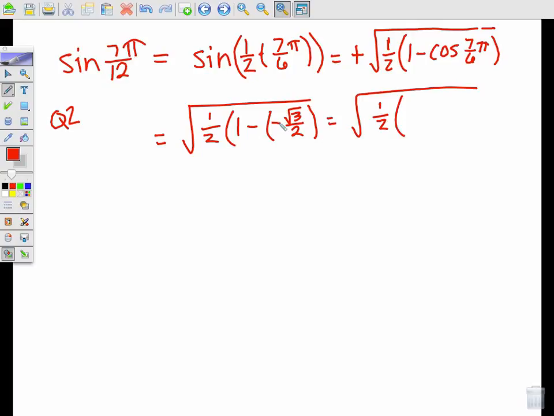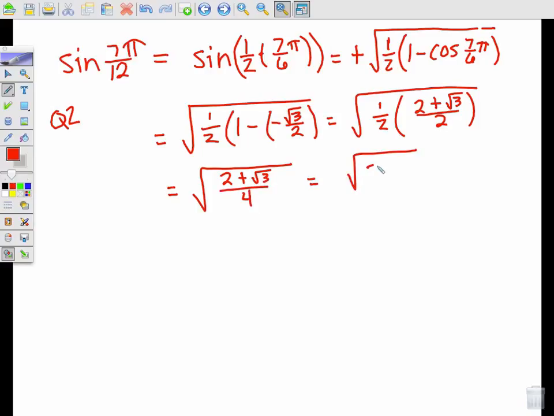I'm going to go ahead and do a common denominator and change my signs. So I'd have 2 plus the root 3 all over 2, multiplied by the half. This would equal the square root of 2 plus the root 3 all over 4. And then that can be simplified to the square root of 2 plus the root 3 all over 2.